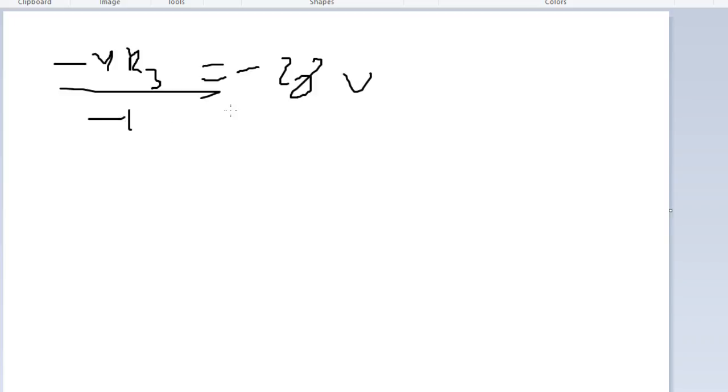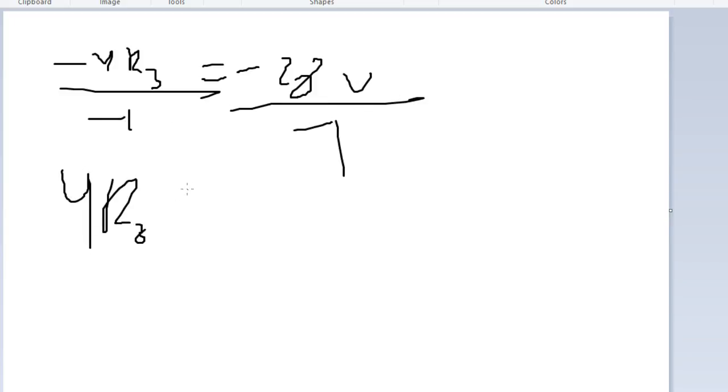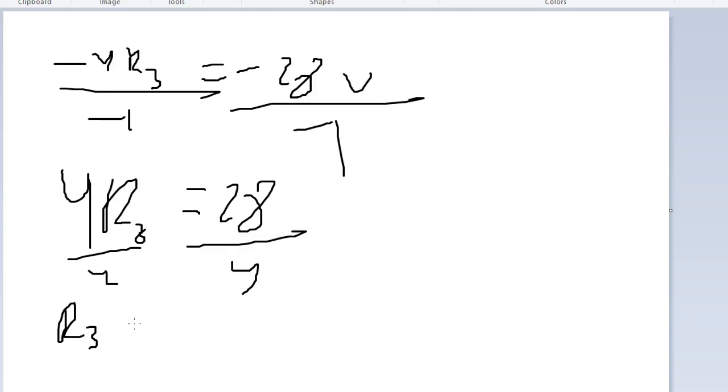Divide by negative 1 on both sides, and you get 4R3 is equal to 28. And you just isolate R3 by dividing by 4 on both sides, and you get R3 is equal to 7.00 ohms.